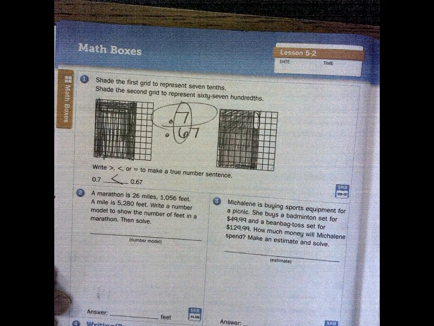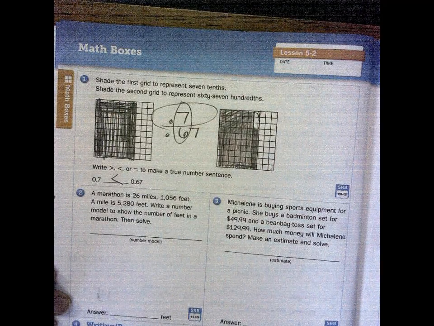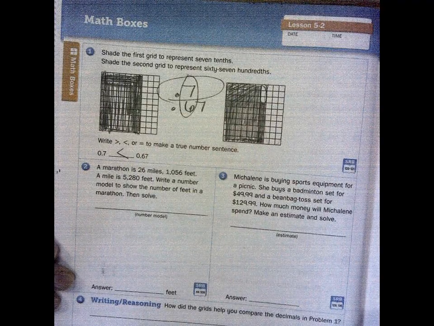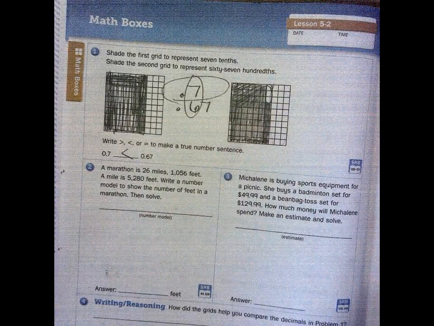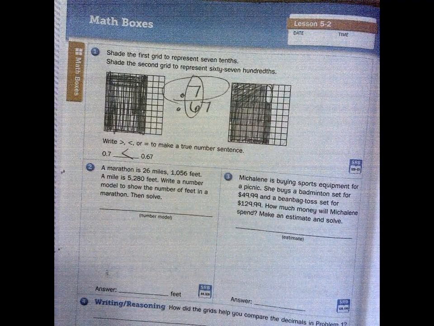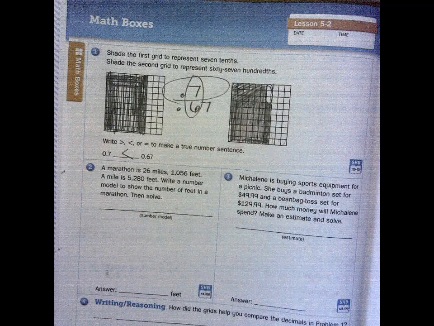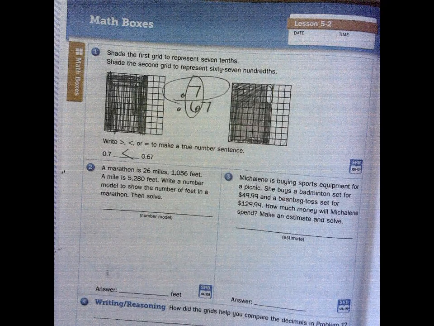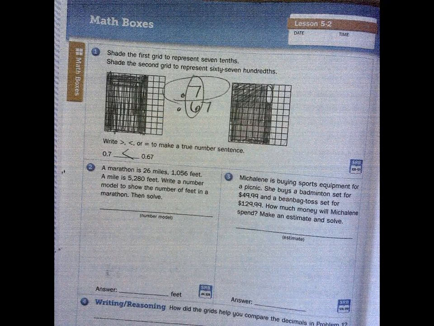All right, next, a marathon is 26 miles, and so it's more than just 26 miles, and 1,056 feet. A mile is 5,280 feet. Write a number model to show the number of feet in a marathon, then solve. Well, I have to convert everything to feet.